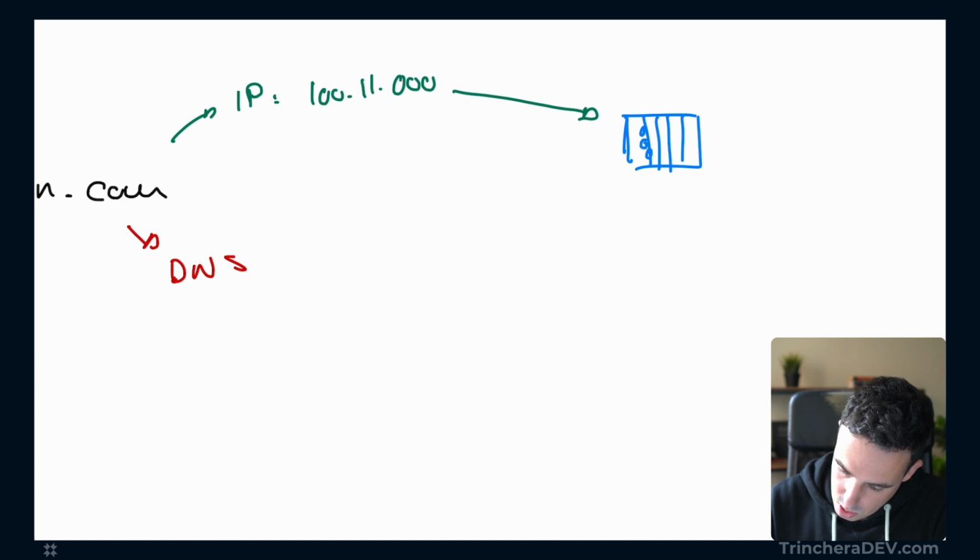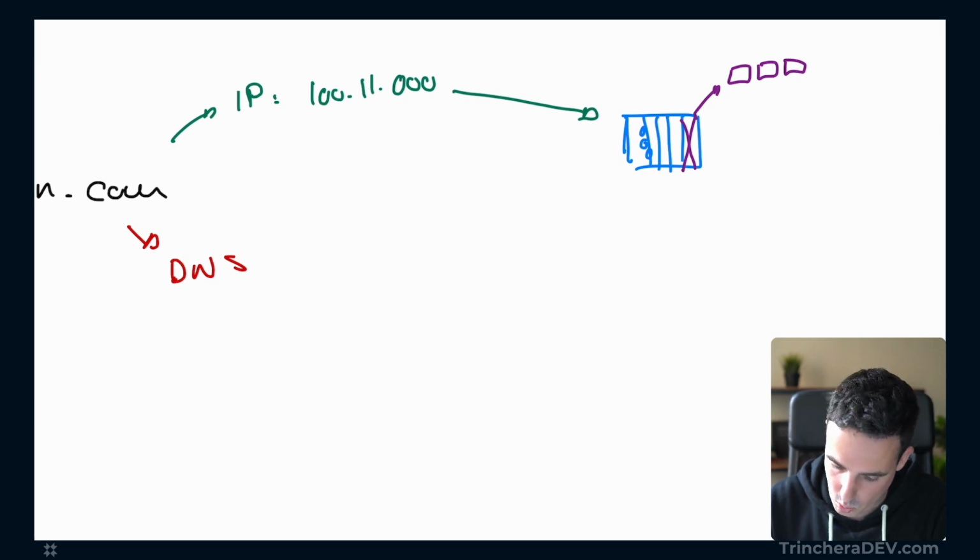And in these sections, you are going to have your files, your web or application files. So when someone is asking for your domain, it's going to go to this IP, and when it arrives here, it's going to be sent to this space that is your server or website.